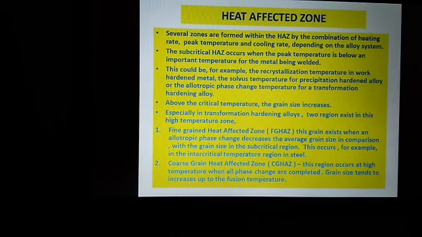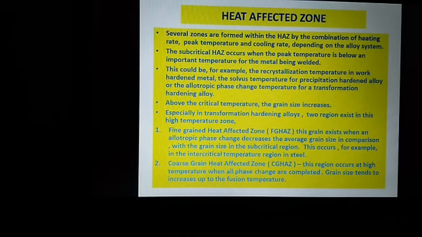Above the critical temperature, the grain size increases, especially in transformation hardening alloys. Two regions exist in this high temperature zone. First one, the fine grain heat affected zone. This region exists when an allotropic phase change decreases the average grain size in comparison with the grain size in the subcritical region.